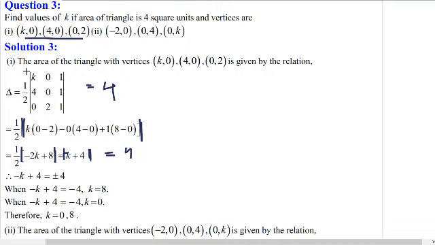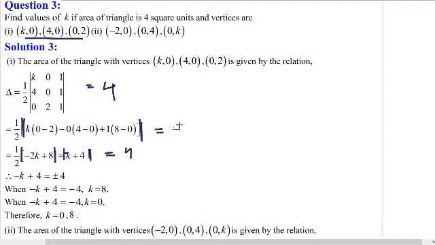So on solving this, k into (0 minus 2), then changing the sign of the second term, minus 0, and hiding it by column and row, you'll get 4 minus 0, and then for the third element, that is 1, hiding it with column and row, you'll get 8 minus 0.